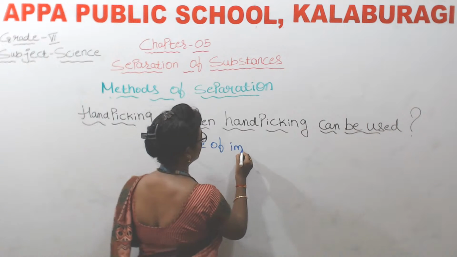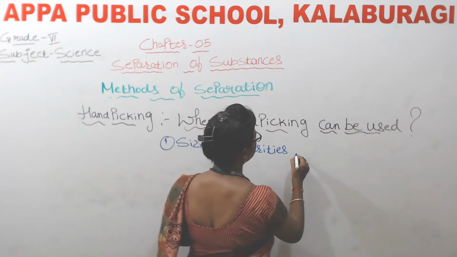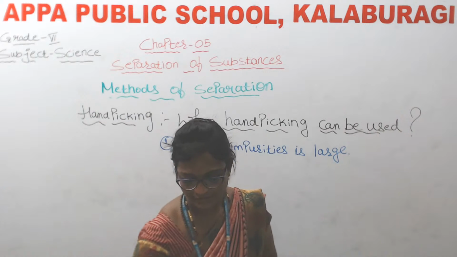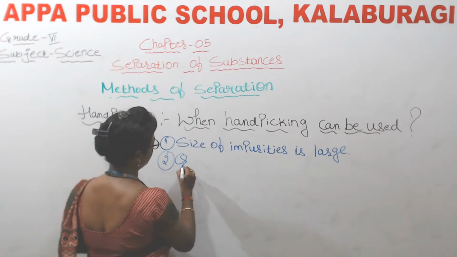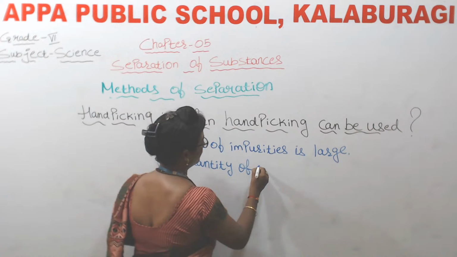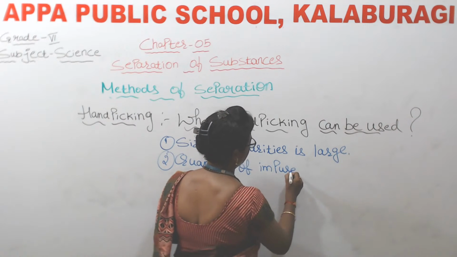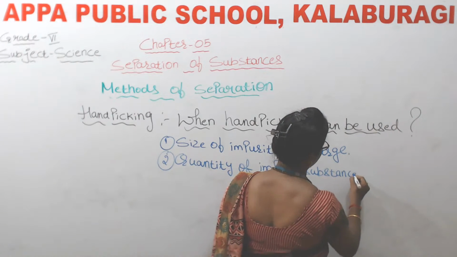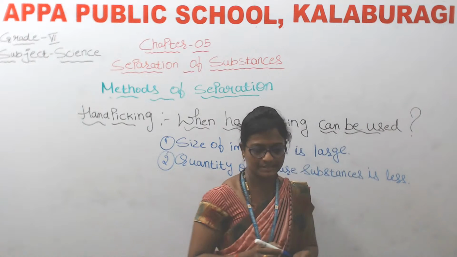Size of impurities is large. Quantity of impure substances is less.